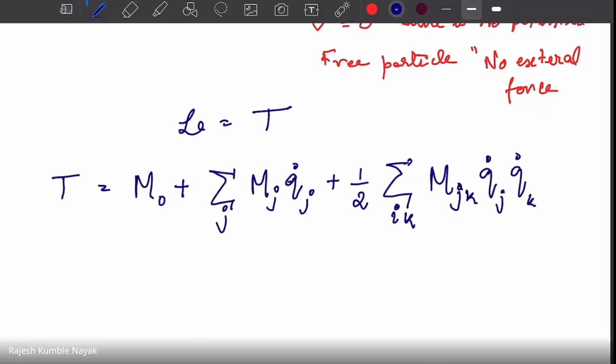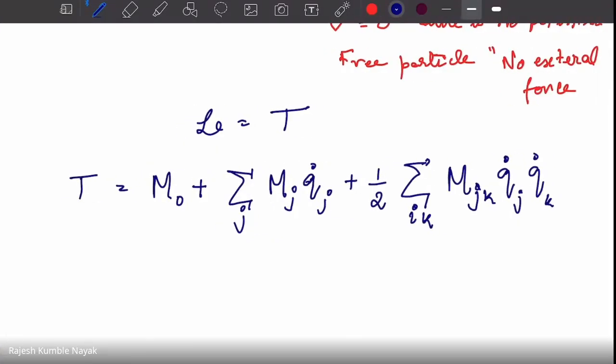Okay, so a repeated index would be summed over if summation is not given, but one index has to be up and one index low for the summation convention. So if they are on the same footing, lower, lower, or upper, upper, then it is not followed.